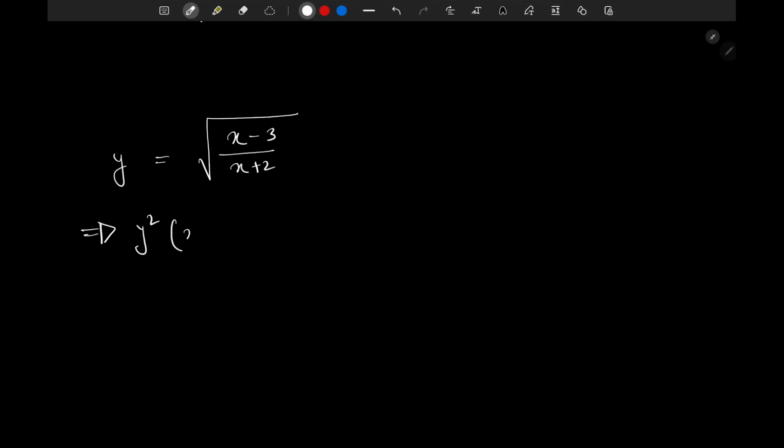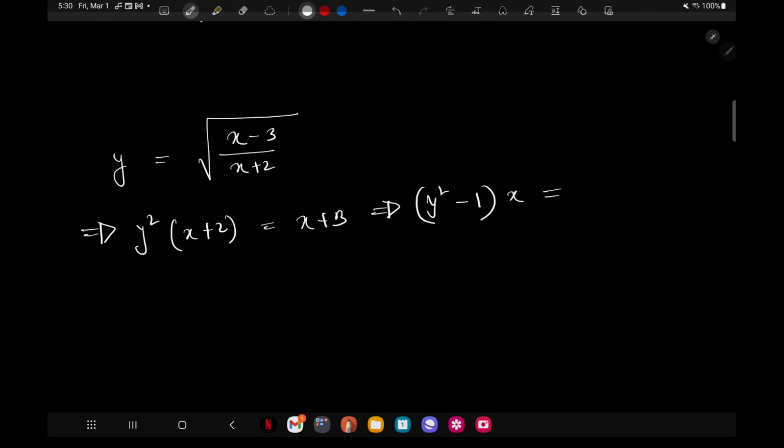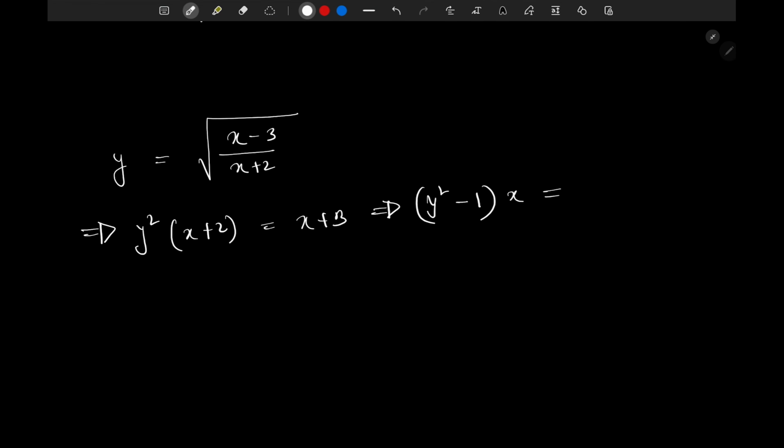So this is y squared times x plus 2 equals x minus 3. I want to solve for x, so y squared minus 1 times x equals 3 minus 2y squared, and then you can say x equals 3 minus 2y squared, over y squared minus 1.